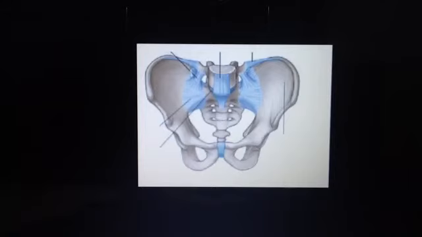That's right here, the lumbosacral ligament. And where is the iliolumbar ligament? That's right here, the iliolumbar ligament. Okay, so we looked at the anterior longitudinal ligament, the lumbosacral ligament, and the iliolumbar ligament.